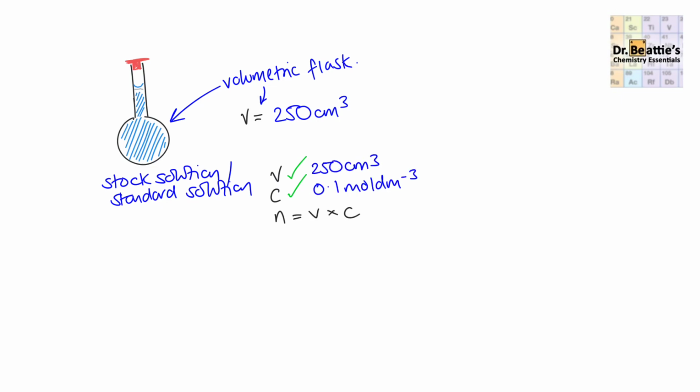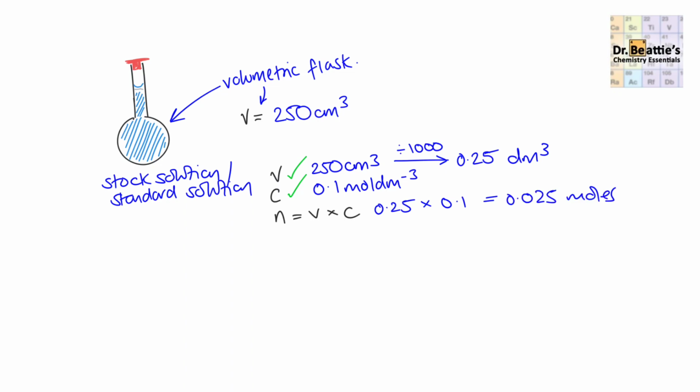So the number of moles of the solute contained within this solution is going to be the volume times the concentration. Obviously the volume is in centimeters cubed, so there's a mismatch with the units of the concentration. So we're first going to have to convert 250 into decimeters cubed. To do that, we divide by 1000. There's 0.25 decimeters cubed. This gives us the answer of 0.025 moles.